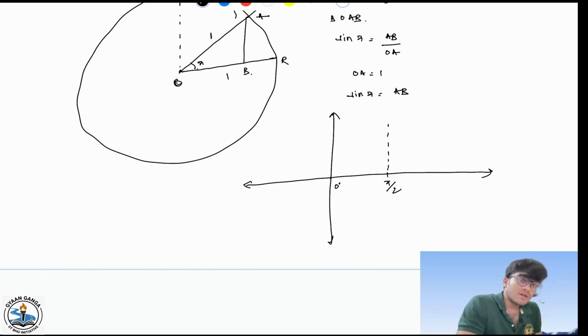So you'll observe that the sine goes from 0 all the way to this in a very cyclical fashion.